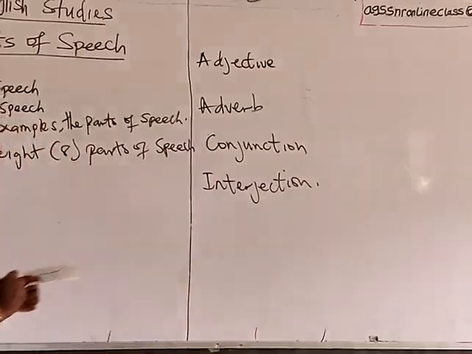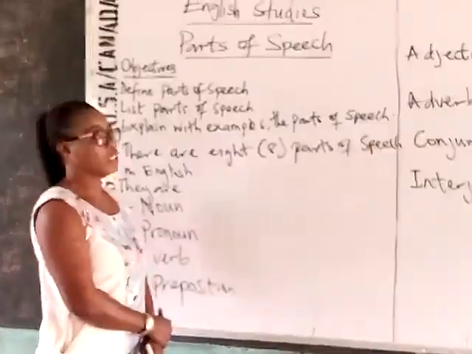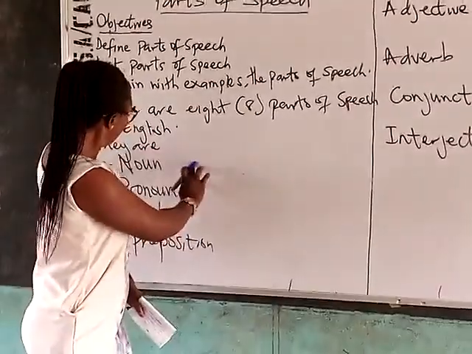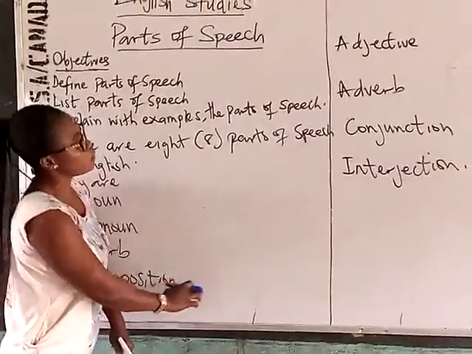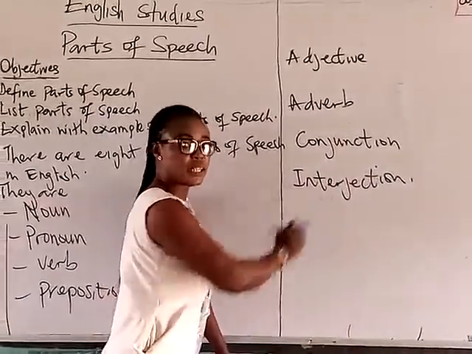Alright. These are the 8 parts of speech that we have in English: noun, pronoun, verb, preposition, adjective, adverb, conjunction, and interjection.